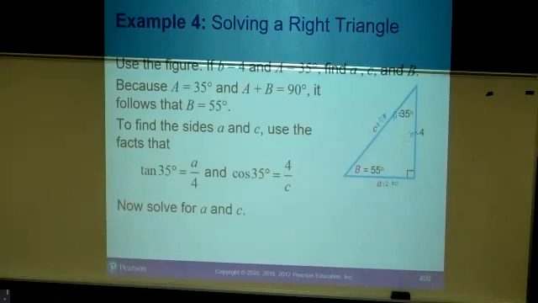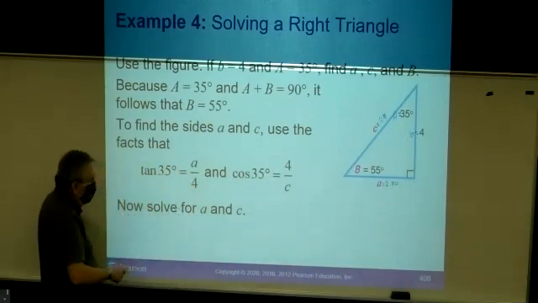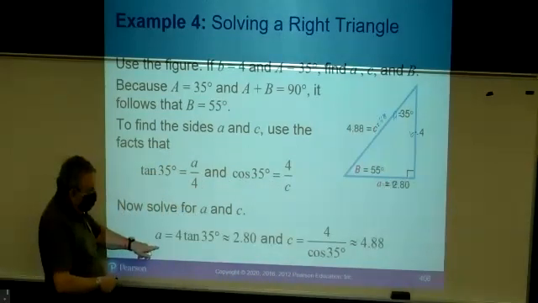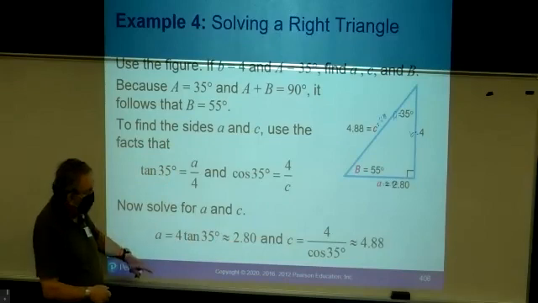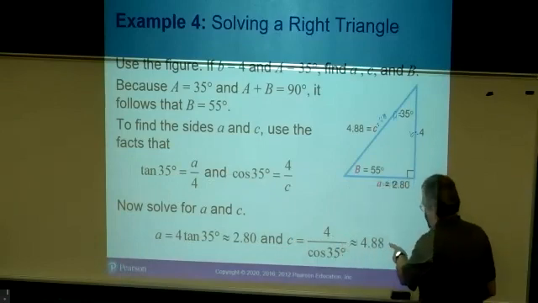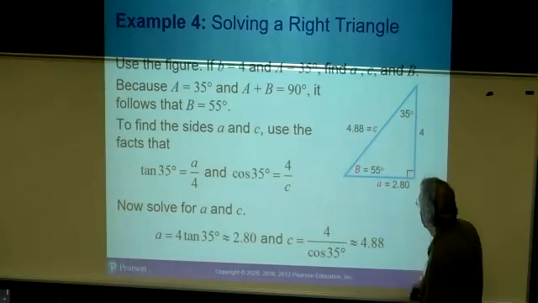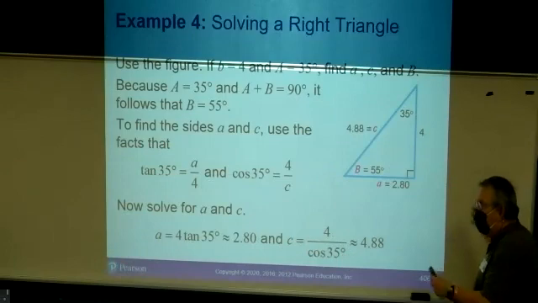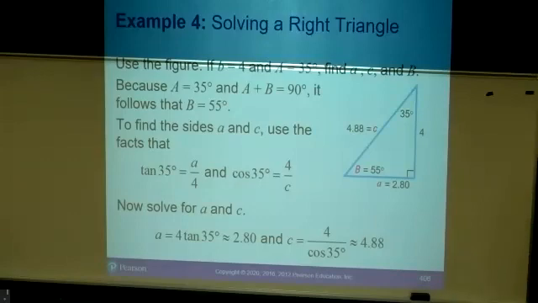Oh, they just went around. Here we multiply 4 times the tangent of 35, which is approximately 2.80, which is what we got. And then this is exactly how we calculated for C. And they rounded to 2 decimal places, like I did. In my calculations, I like to use more decimal places than is required in my answer. It gives you a more accurate answer.